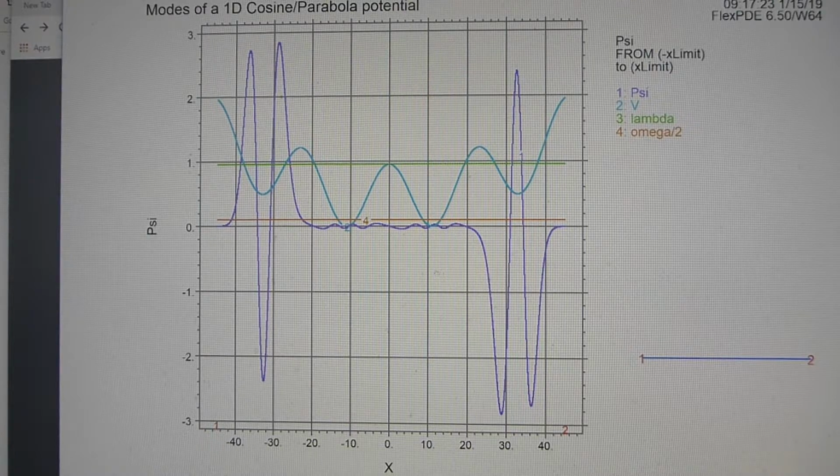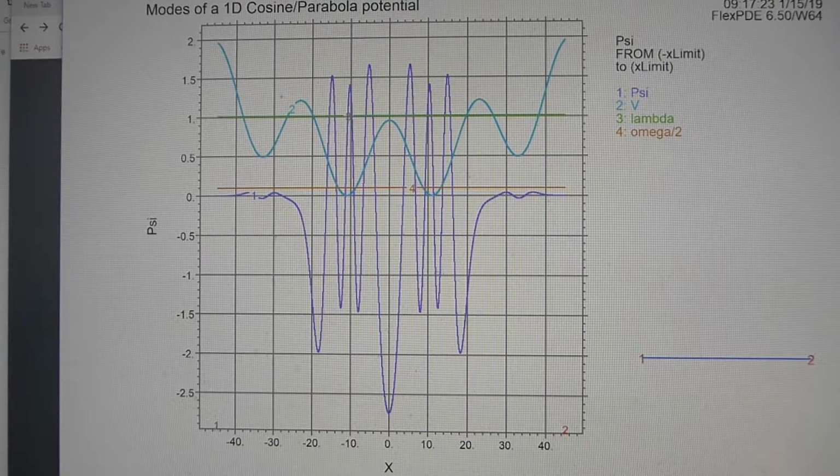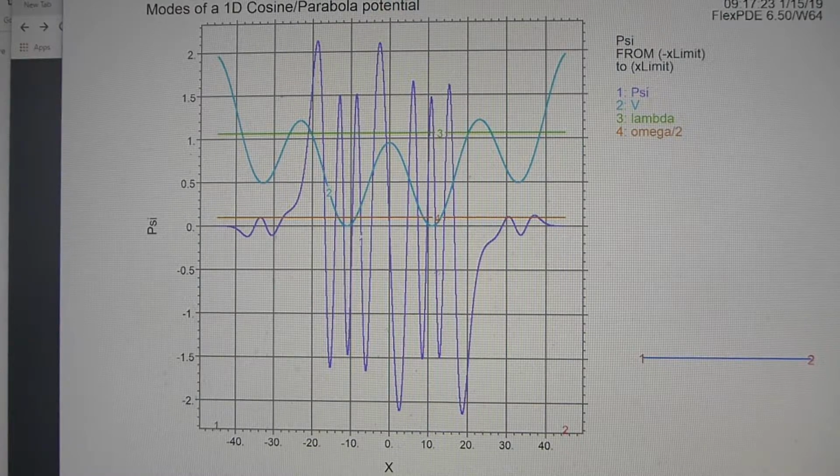Here we have the same thing, back to the center, and more nodes, as you can see. And here is an asymmetric mode in the center.